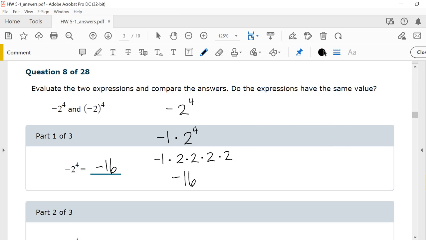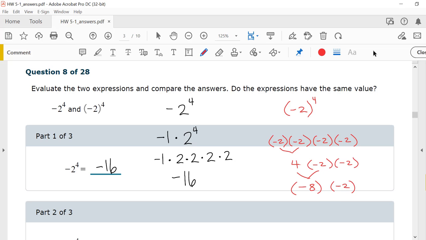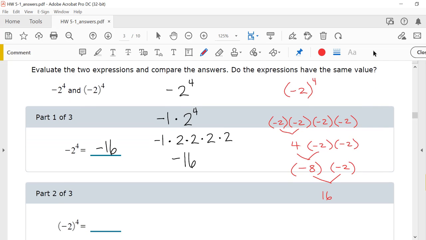If I want to do -2 quantity to the 4th, that's -2 times -2 times -2 times -2. This gives me 4 times -2 times -2. This gives me -8 times -2, which would give me 16.